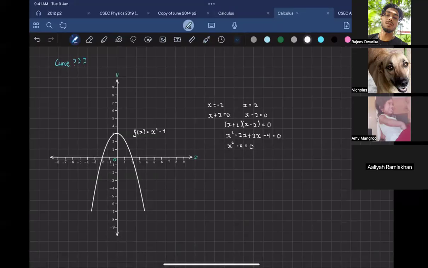It's nothing too accurate. So Amy, if I wanted to prove that 0, 3 is the turning point, let me show you how we would do that. At the turning point, what's the gradient? 0. And we know the function. So let's find the first derivative of f of x, and that will allow us to find the gradient at any point.